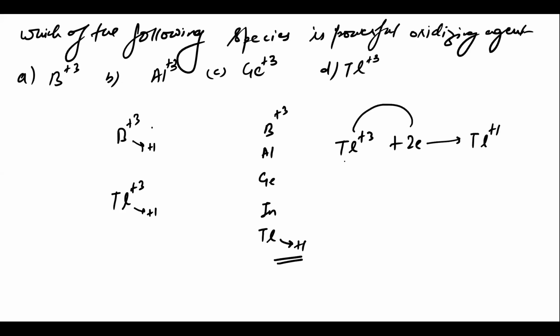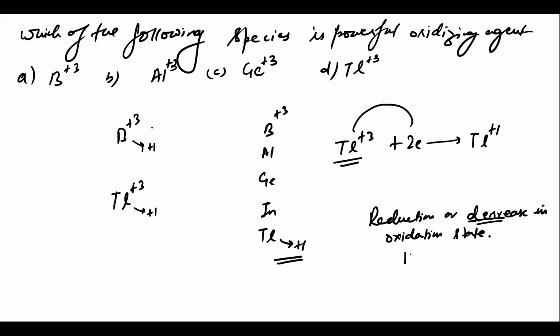Okay, now addition of electron is called reduction. You can say that this is +3 and it reaches +1. So reduction, or decrease in oxidation state, is called reduction.